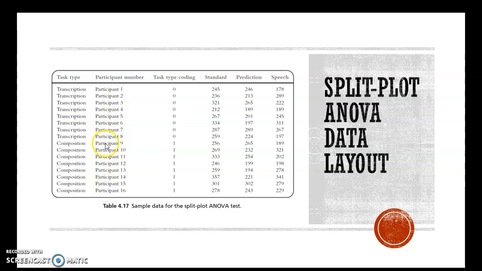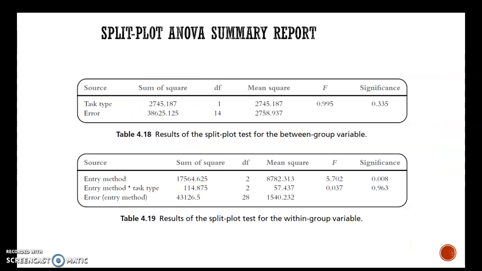The second group does composition, but also uses three different input devices. So the second group does conditions 1, 2, 3, and the first group does conditions 1, 2, 3, but the task type is not mixed. So task type is between group, and input method is within group. This is a combination of that, so it's a split plot ANOVA.